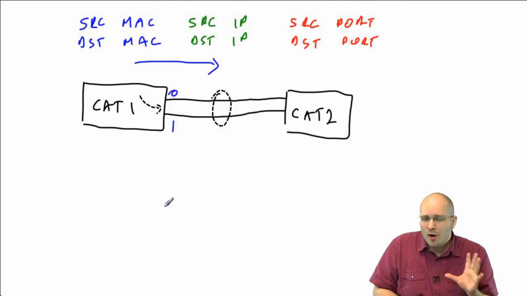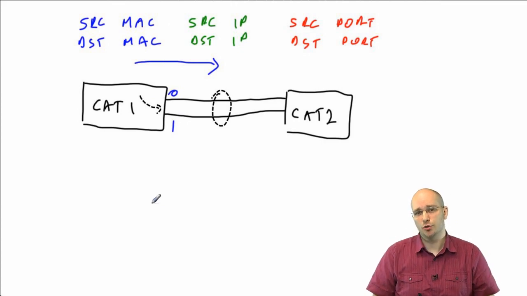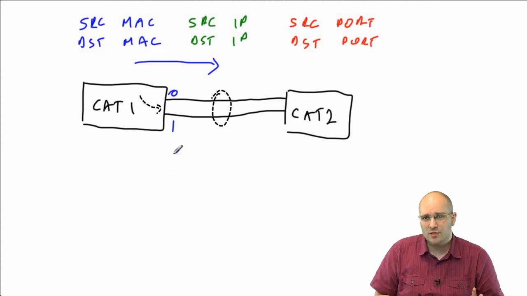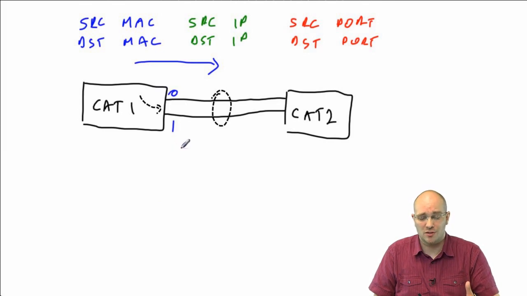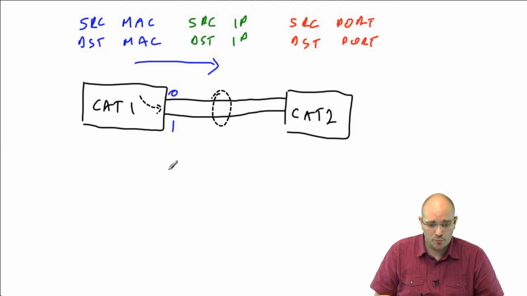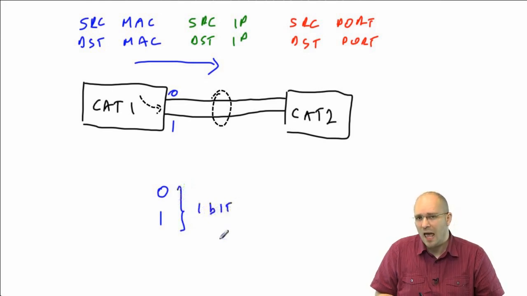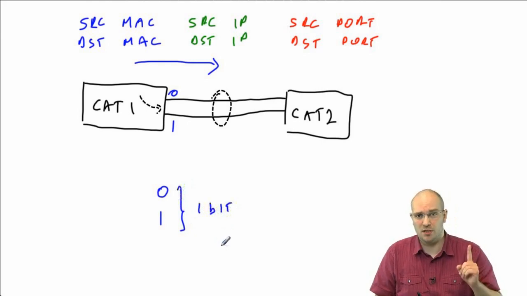Now, no matter which algorithm we decide to use, how many bits of information from any of these values that I've shown here above do we need to make determination whether to use link 0 or link 1? Well, we have two possible options. We have 0 or 1, which means that we need only one bit of information to make this determination. How did I come up with this single bit?